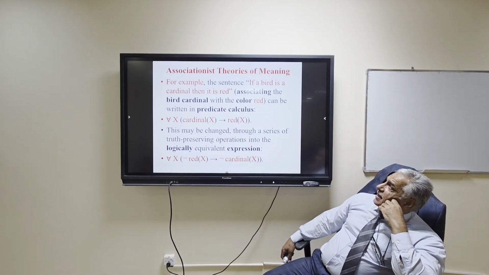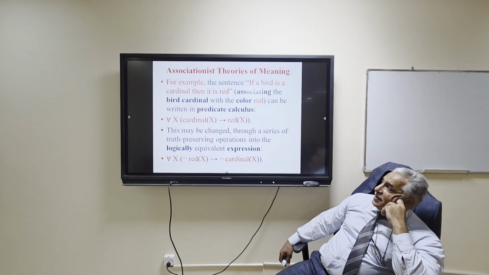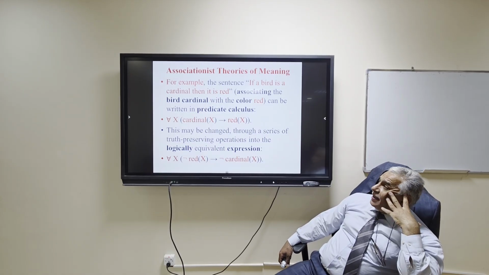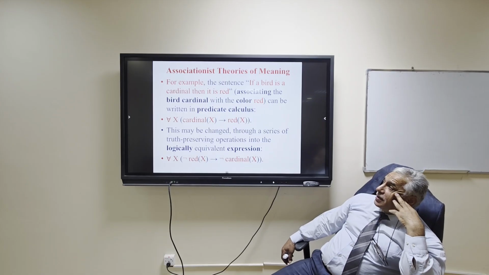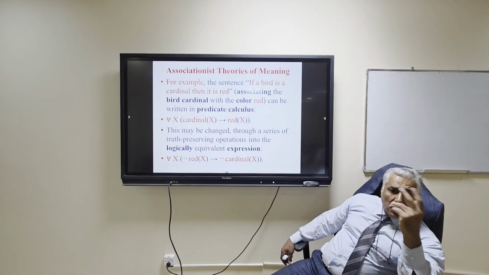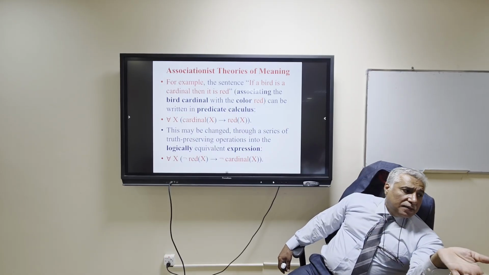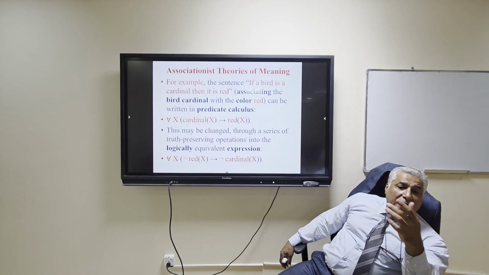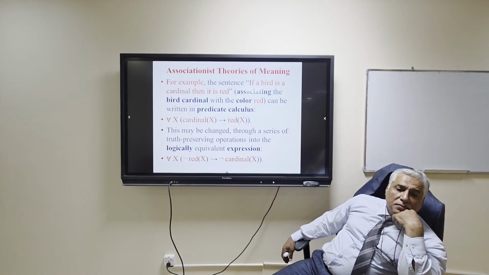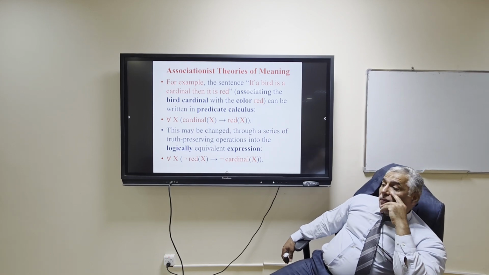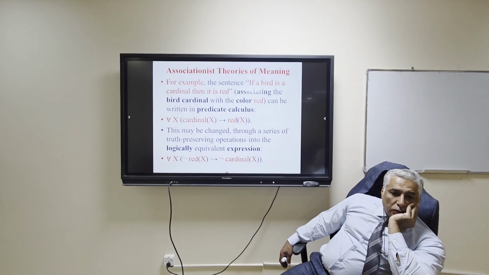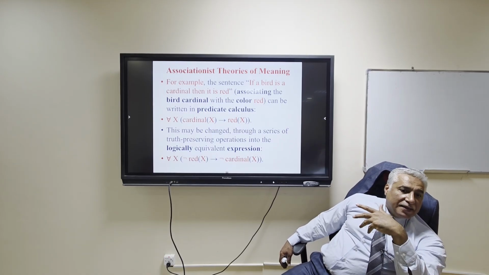For example, the sentence, if a bird is a cardinal, then it is red. Now the association between bird cardinal and the color red. Now these two objects, the color and the bird, and the relation between them, is called association. When we hear about the color red, we will remember the cardinal bird.